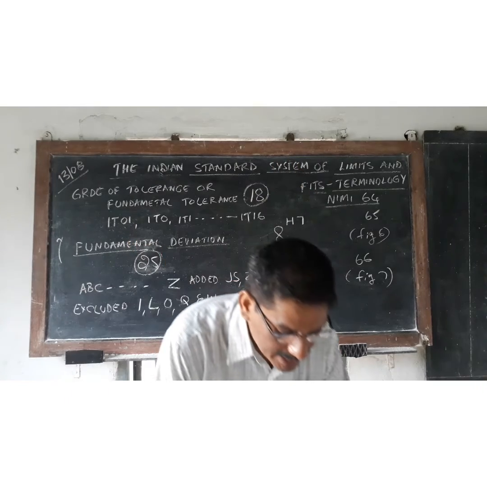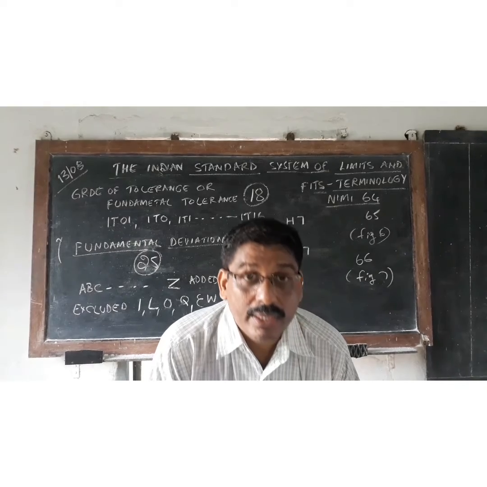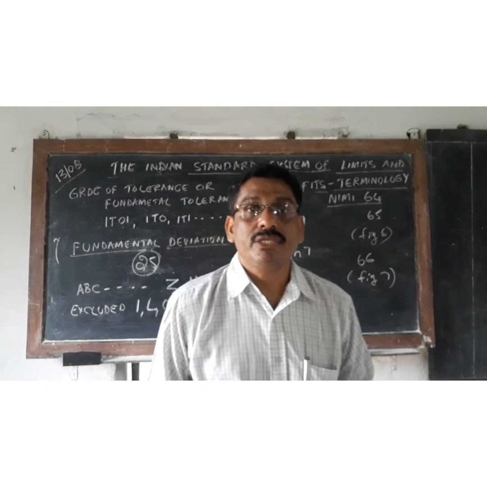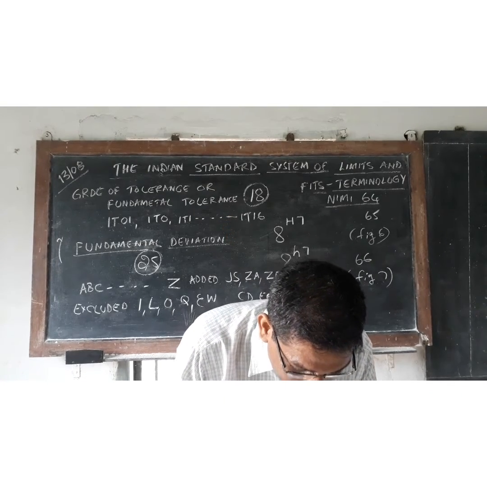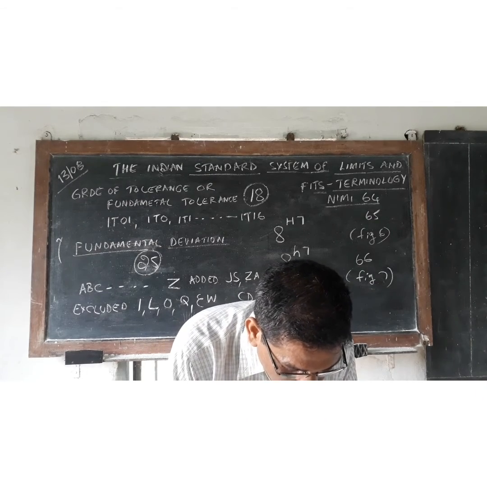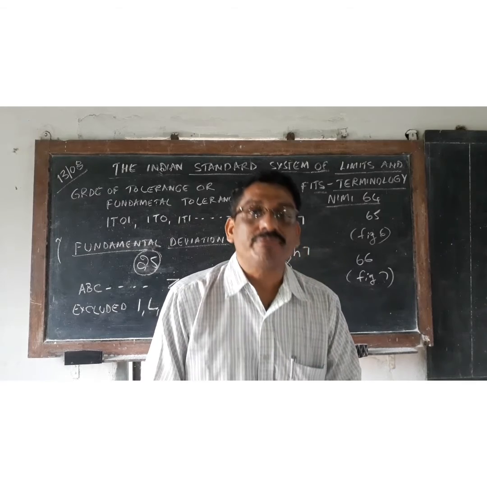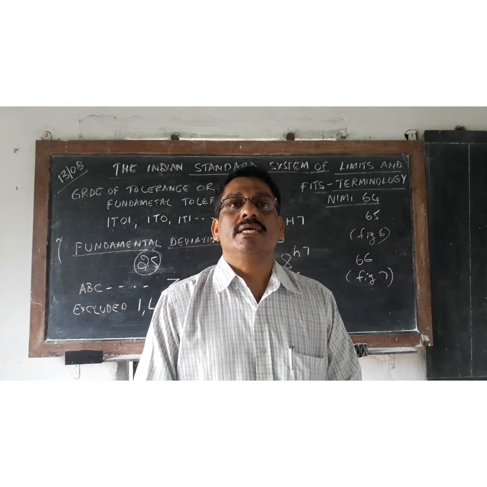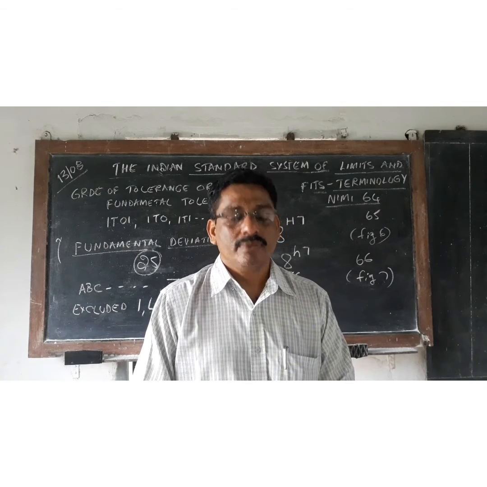Now I will tell you: IT 0 to IT 5 is very accurate, so it will be used for gauges. Then IT 6 to IT 11 will be used for different fits: clearance fit, interference fit, or transition fit.